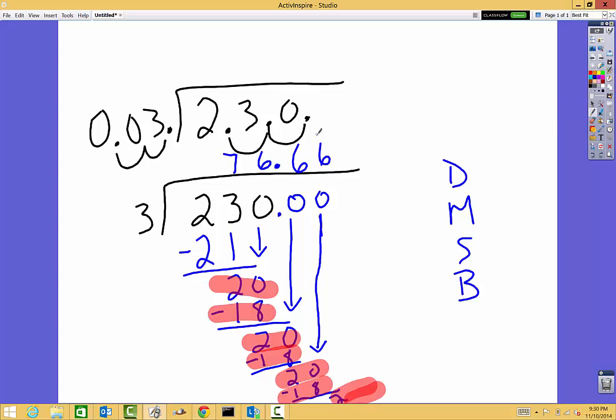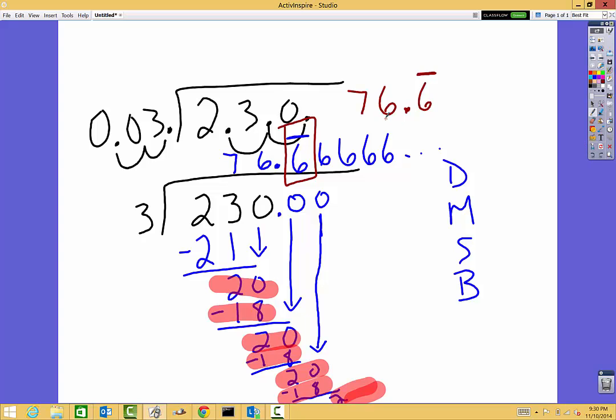So when I do that, I can put a bar above the number or numbers that repeat. And this bar lets me know that the number goes on forever and ever. So let's look at it like this. My answer is 76.6 with a bar over. And remember, what this bar means is this number repeats forever.